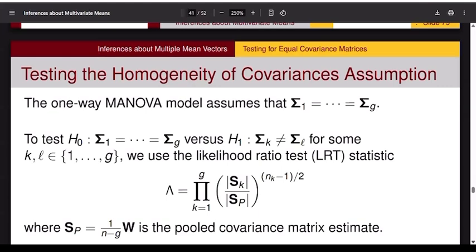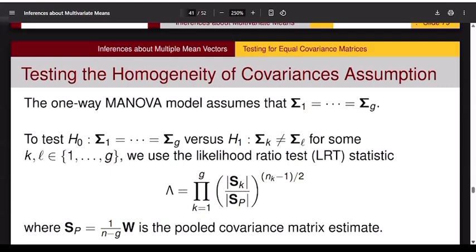multivariate analysis of variance to conduct whether multiple vector means are the same or not across groups, there are assumptions that need to be met. And one of the assumptions is that across groups, the covariance structure has to be the same.